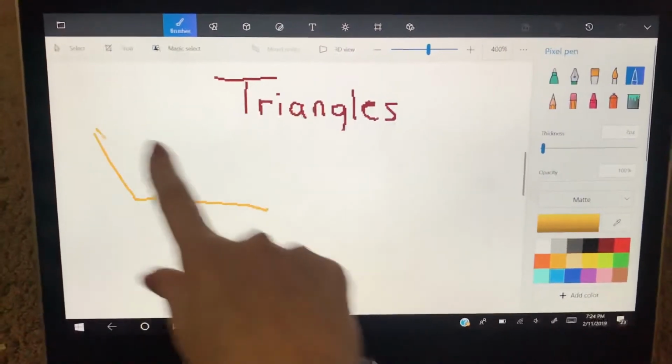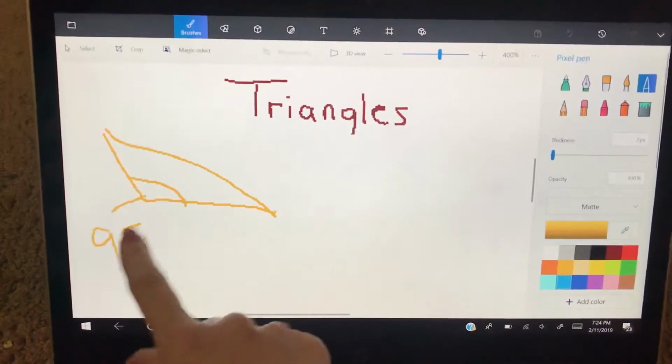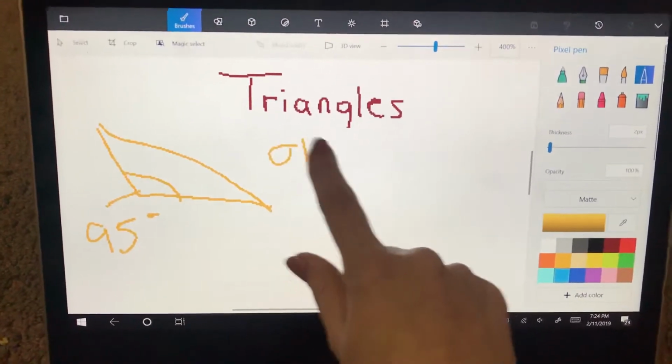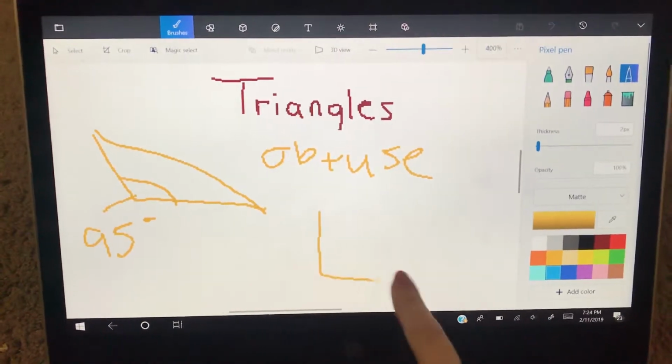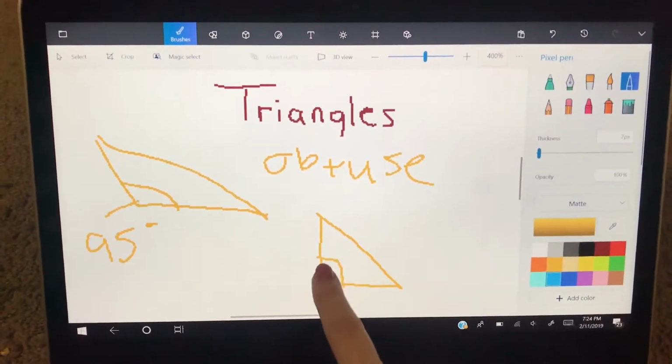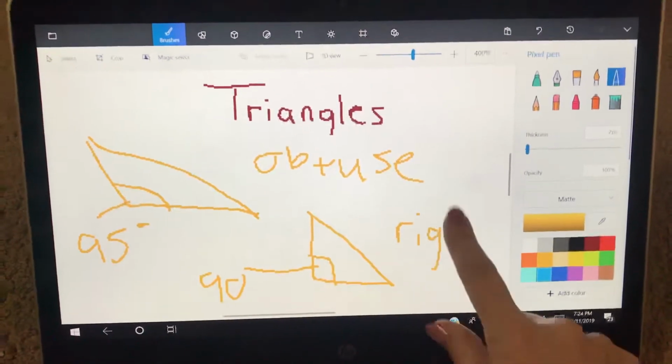And then I have an angle of 95 degrees, making the triangle obtuse, and a triangle that has the little square in the bottom, making it 90 degrees, is a right triangle.